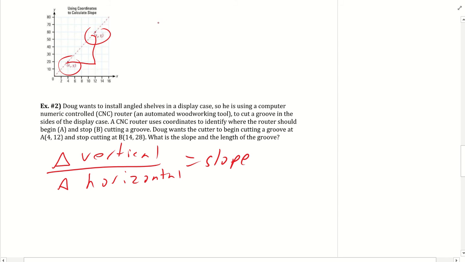So remember, you have a set of ordered pairs. Your x comes first and your y comes second. All right, your x would be your horizontal, that's your x, and your y is going to be your vertical. So when you look at this, your formula that you're going to do here is going to be y2 minus y1.